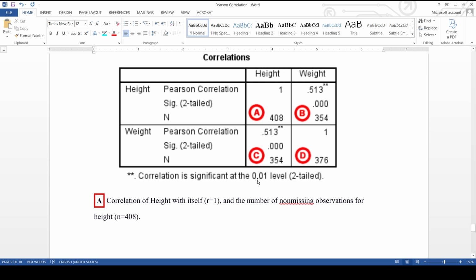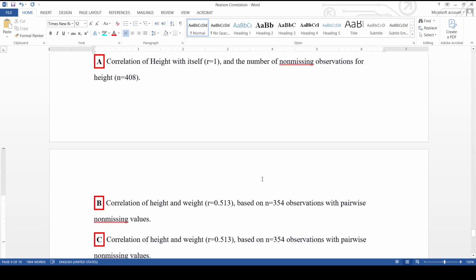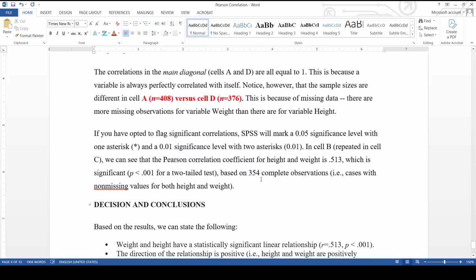Correlation is significant at 0.01. Sometimes it goes for what? 0.05. But for the scientific area, where we deal with life, we eliminate error as much as possible. For social sciences, it's not actually life. You can still allow the error gap to be up to 0.05.